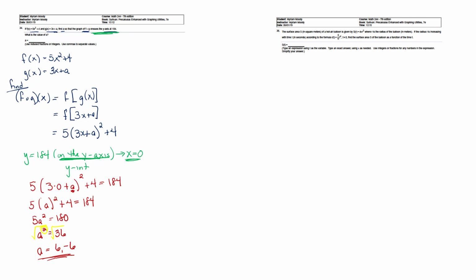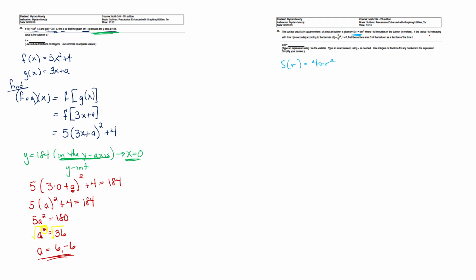This other problem states the surface area in square meters of a hot air balloon is given by this function. And this function is S of r equals 4 pi r squared, where r is the radius of the balloon in meters.